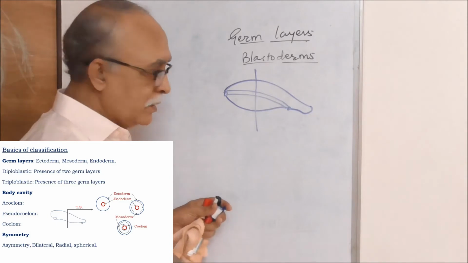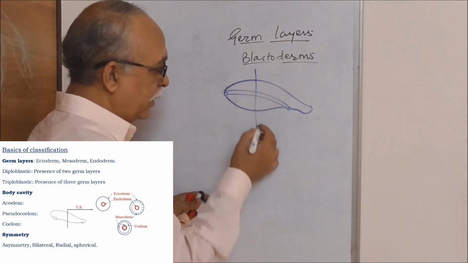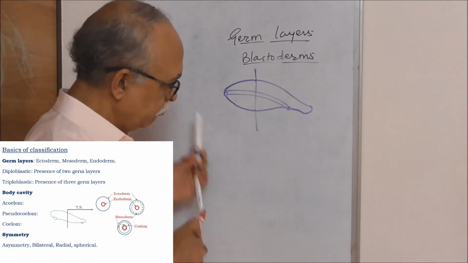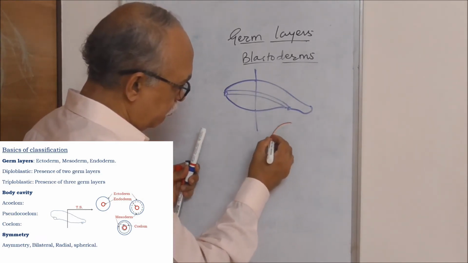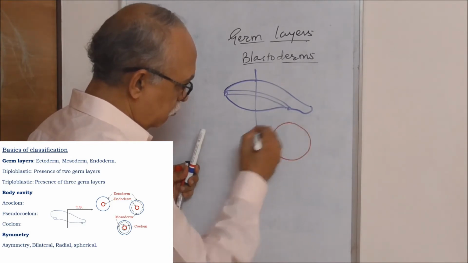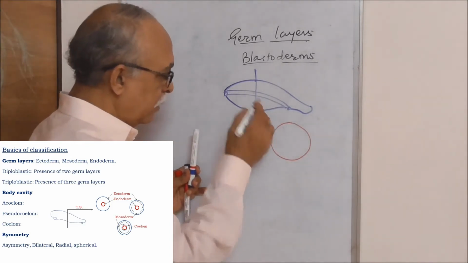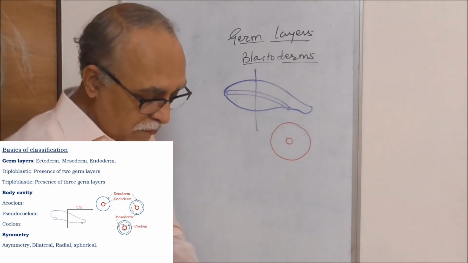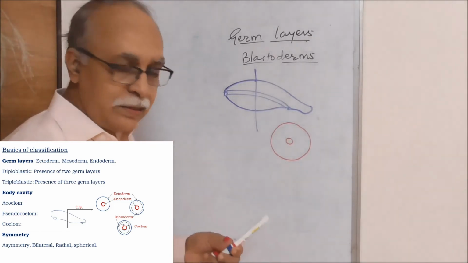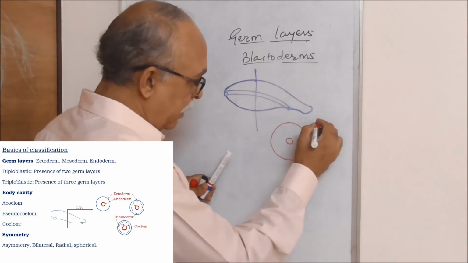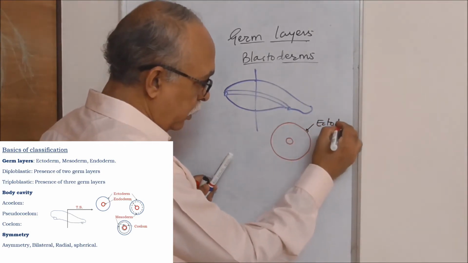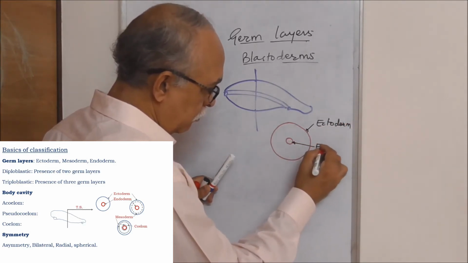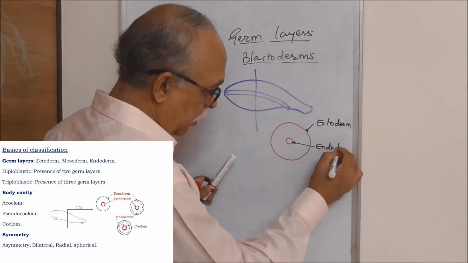Then the possibility is, first of all, I would see the outer layer as one single circle, and the alimentary tract as another circle. If I see only these two circles, then the outer circle will be named ectoderm, the inner one endoderm.